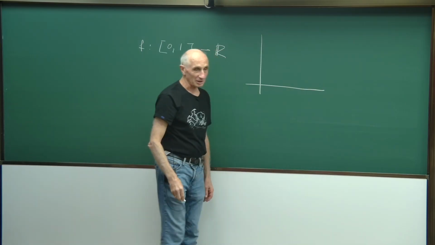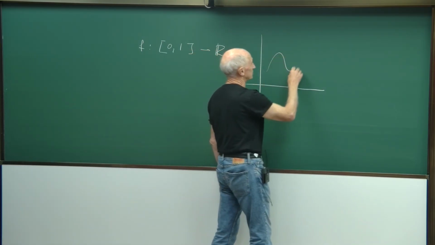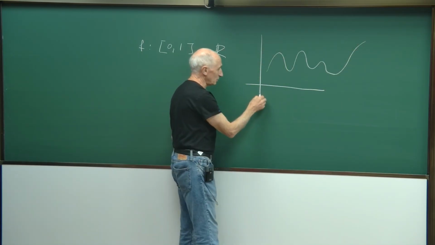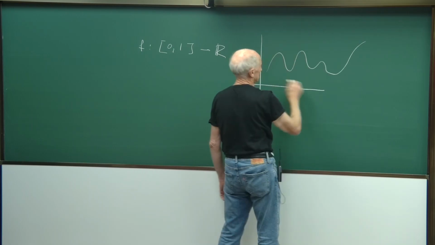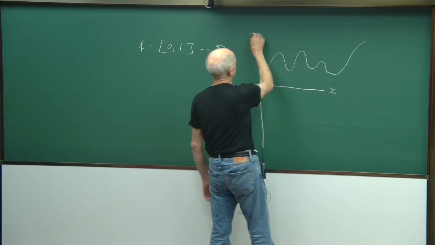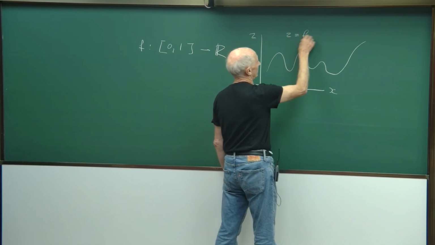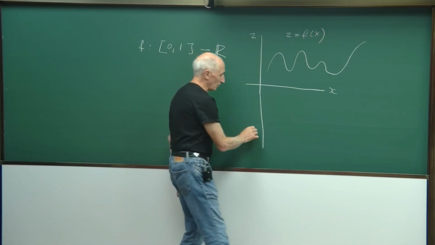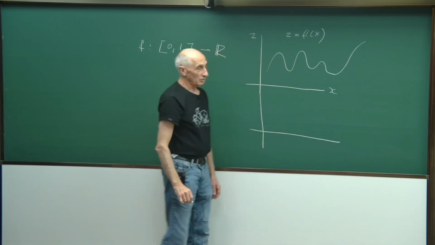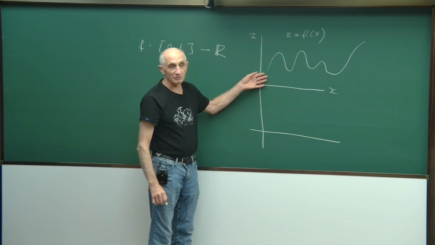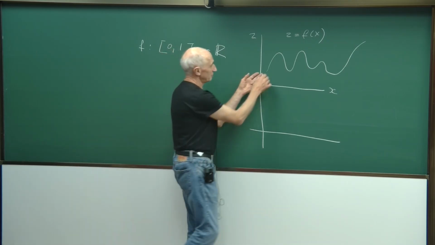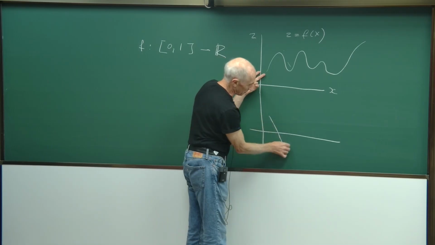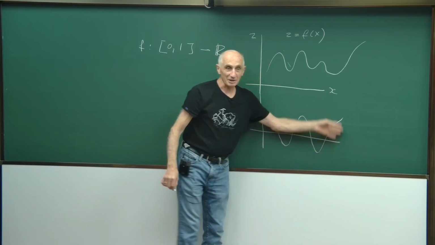When you have a function, we like to draw its graph. I write x and z, where z is some function of x, so this is the graph of this function. But it may also be useful to draw the graph of the derivative of this function. Here the derivative is positive, here it is negative. I'm not drawing this accurately, but something like this.